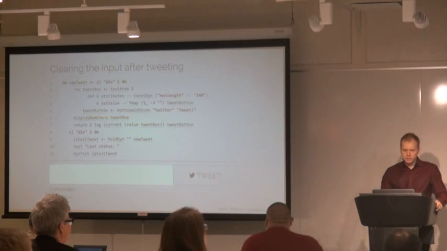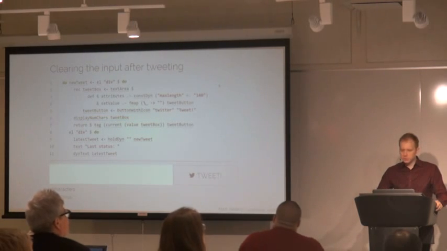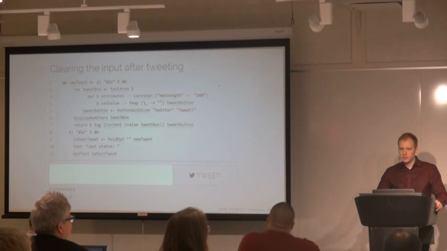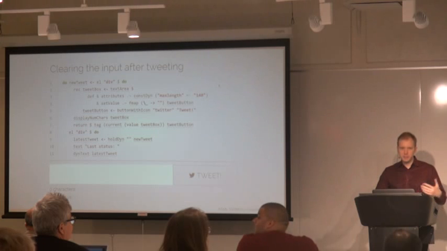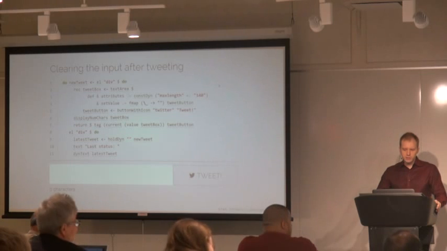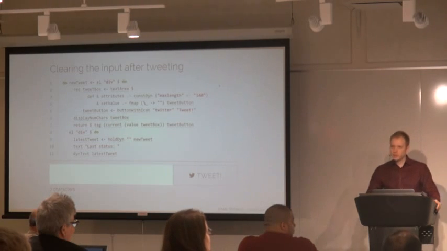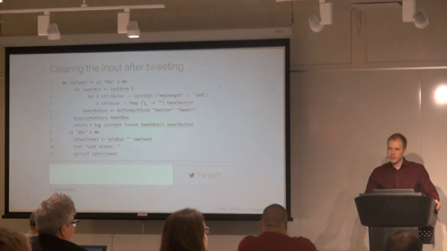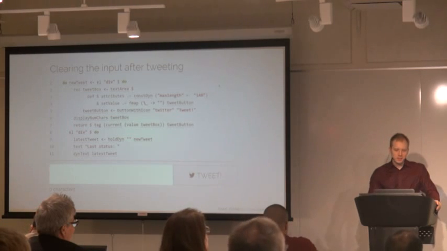Okay. So the next thing we want to do is clear the box once the user tweets. Obviously, they need to be ready to tweet again as soon as possible. So how are we going to do this? Well, here's where we have to introduce a very interesting and useful concept, which is a recursive do block.